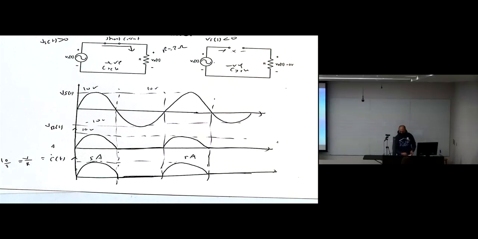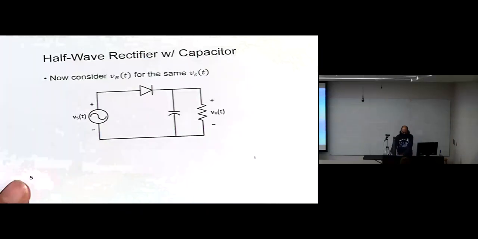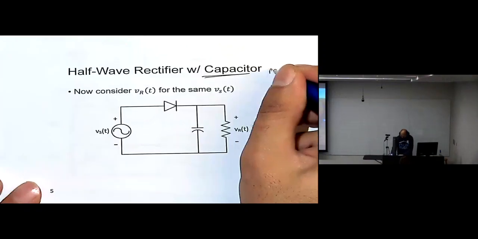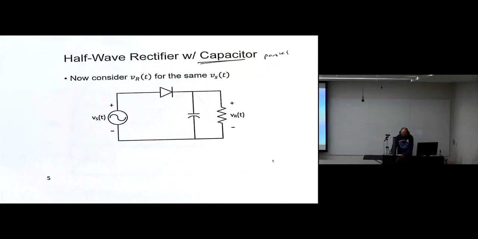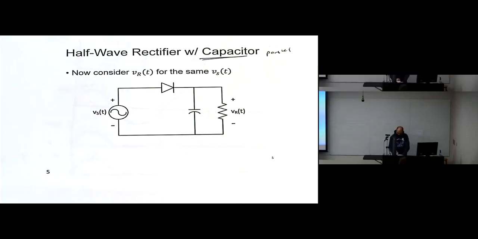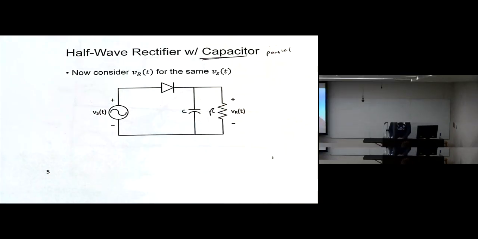So there's another approach, or some modification on this, to make it into a rectifier by adding a capacitor in parallel. So why do I add this capacitor? Because I want to make the capacitor charge and discharge.